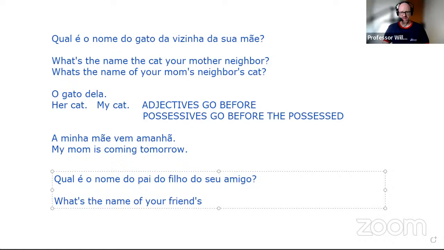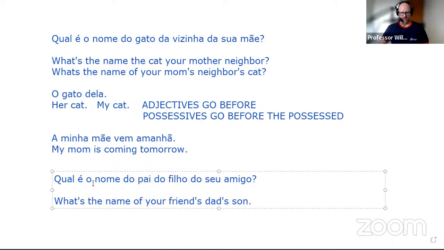So, para ser possessivo, friend's. Aí eu não tenho que usar mais artigo, né? E também não vai usar of. Geralmente, para gente, your friend's dad's son. Son, ok. Quase.